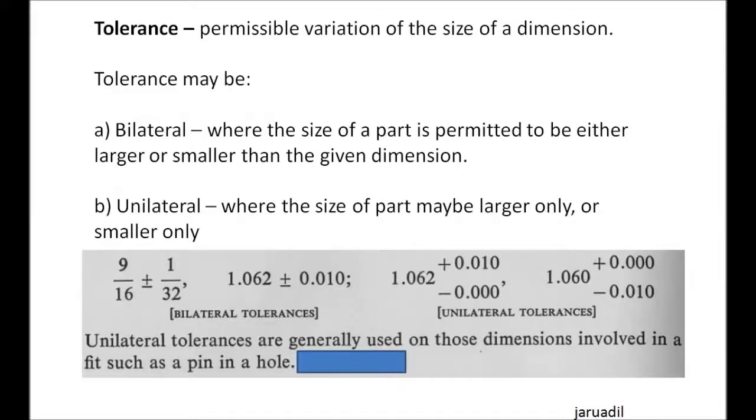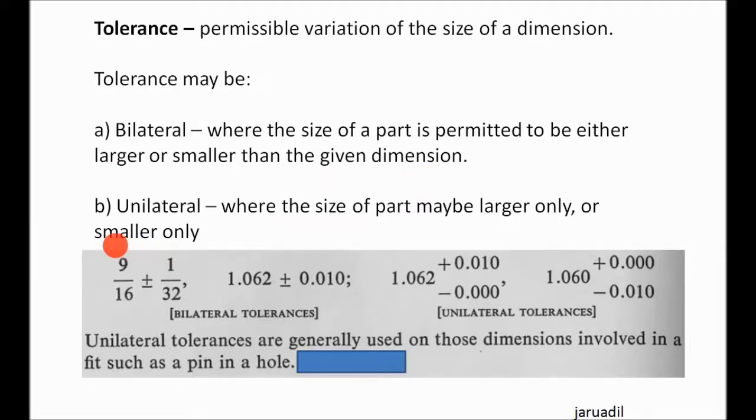So when we say tolerance, it is the permissible variation of the size of a dimension. So tolerance may be bilateral or unilateral. Bilateral is when the size of a part is permitted to be either larger or smaller than the given dimension.